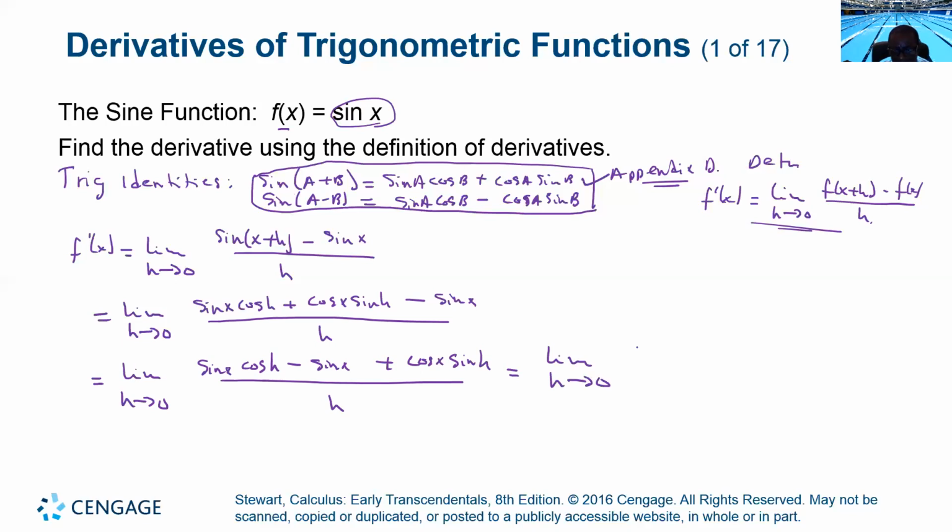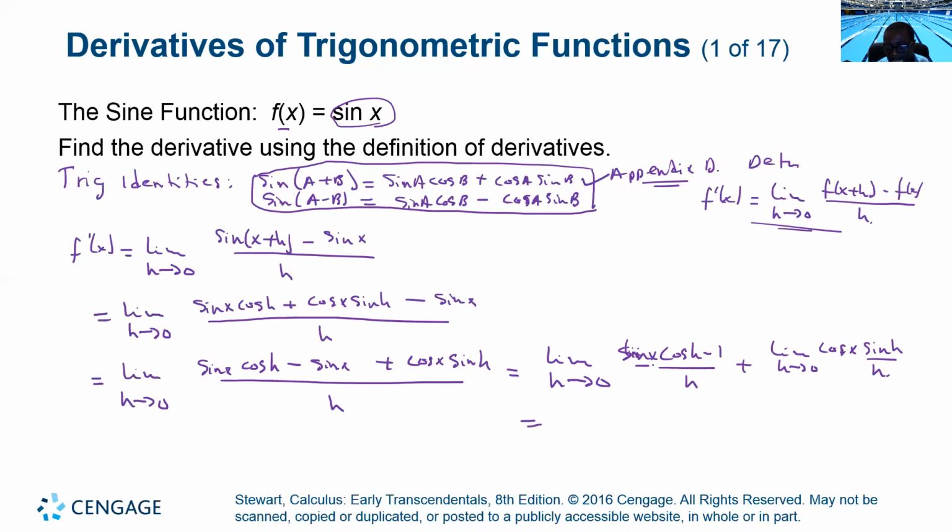This gives us the limit as h goes to 0 of sine x times cosine h minus 1 over h, plus the limit as h goes to 0 of cosine x times sine h over h. Let me write this again here.